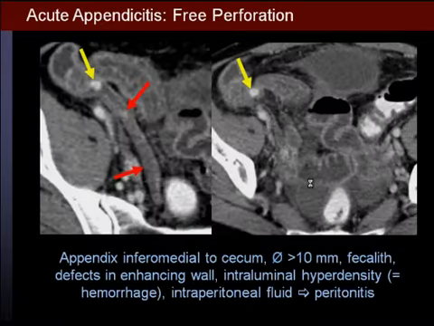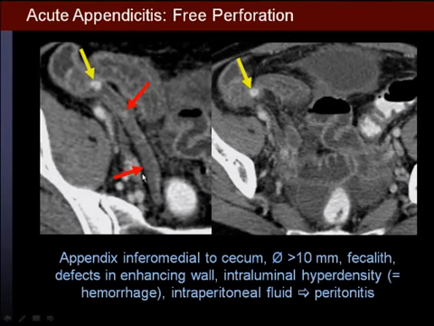This is a patient with free perforation, so a complicated appendicitis. And what are the criteria? Again, we can recognize the appendix. This is the course of the appendix, and the diameter is more than 10 millimeters. We can recognize a fecalith at the base, but there are defects in the enhancing wall.